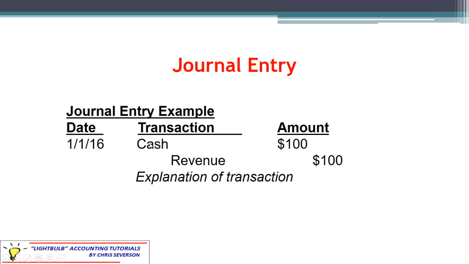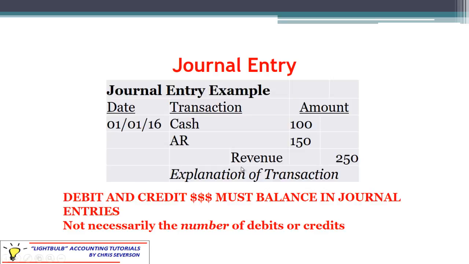So here we are debiting cash for 100, which increases it because that's its normal balance. A debit is the asset's normal balance. When we credit revenue, we're increasing that because a revenue has a normal credit balance. So in this case, we are debiting cash for 100, which increases it.